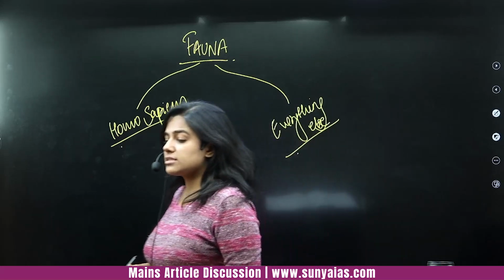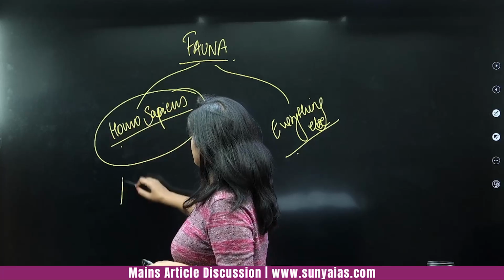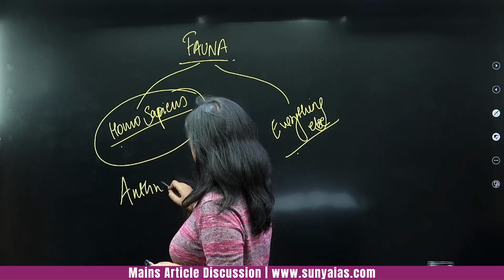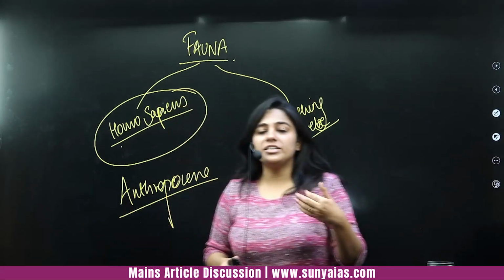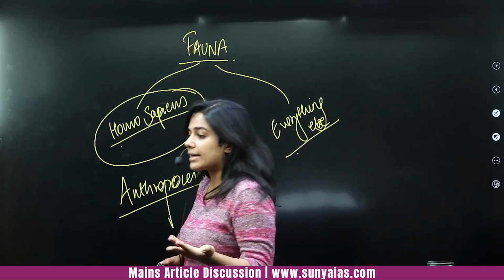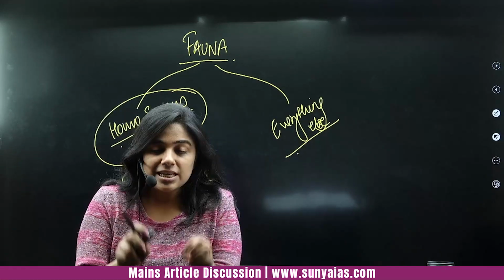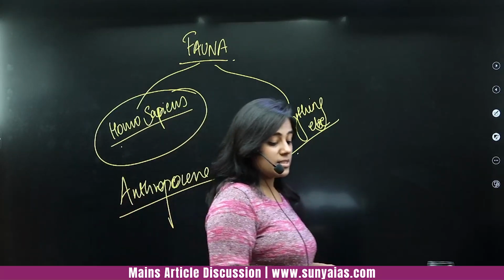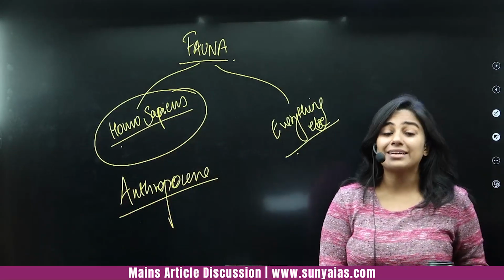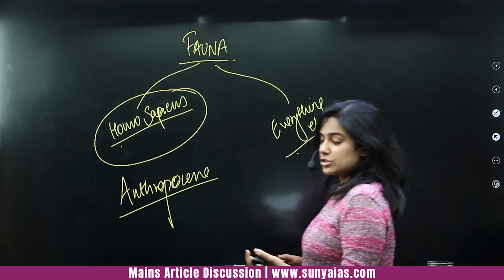Why I am saying this is because we are officially now living in the Anthropocene. Anthropocene means that human interference and human impact has actually led to a distinguishable impact on the overall planet. We as a species have been able to impact a whole planet altogether and change certain characteristics of it.